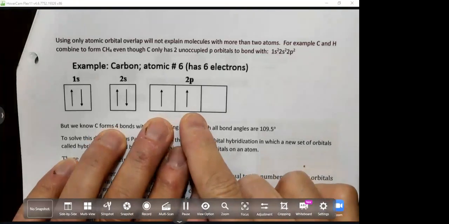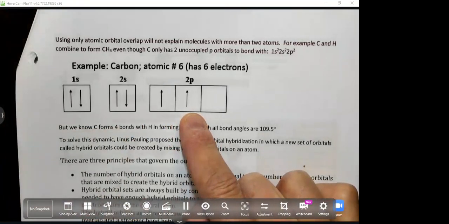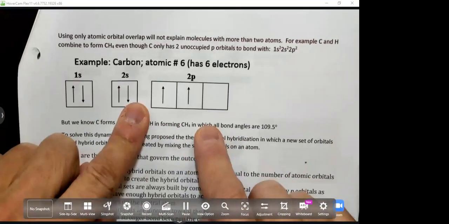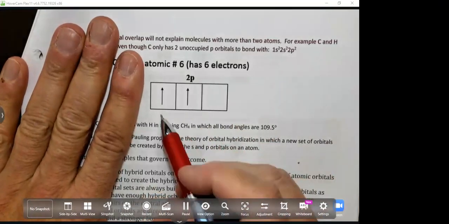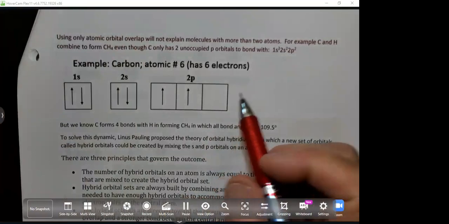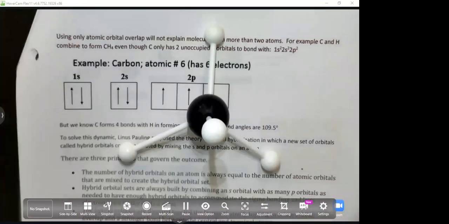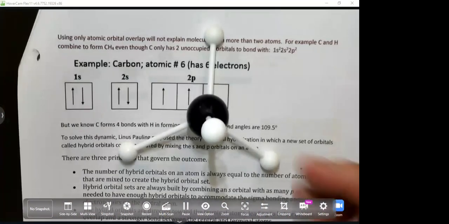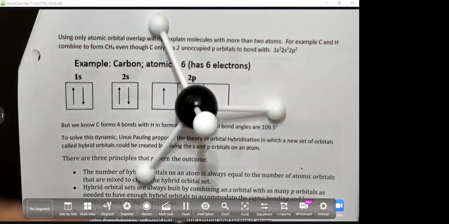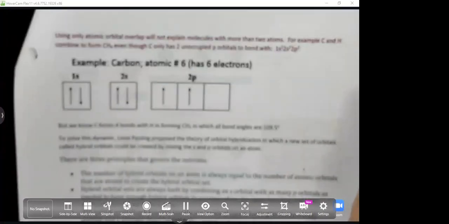This is carbon's electron configuration notation, 1s2, 2s2, 2p2. So you would think that you're only going to get 2 bonds here with carbon. But we don't get 2 bonds, we get 4 bonds, and they get as far apart from each other as possible. So that's what we have to explain.